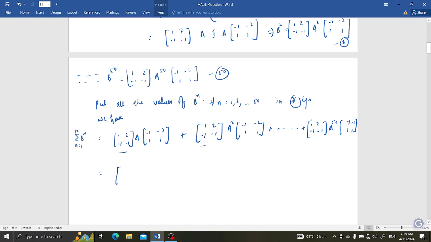So how I can write, and this right side matrix is also same. So how I can write this thing, minus 1, okay, A plus A square up to so on A raised to the power 50, and here I will write right side matrix. Can I write like that? Of course we can write like that.